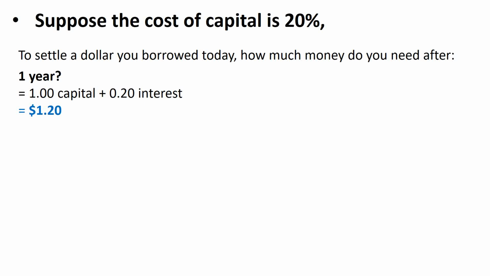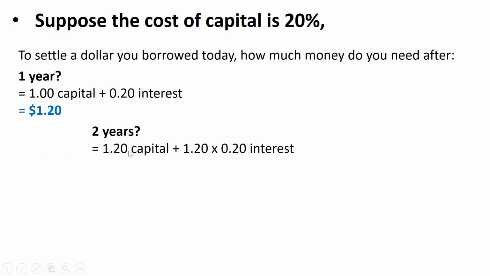But suppose this $1 that you borrowed today you want to pay back only after 2 years. Well, how much will you have to pay? Well, at the end of 1 year you're supposed to have paid $1.20. But if you are not paying that off, it's like you are borrowing $1.20 for that second year. So at the end of the second year you got to pay the $1.20 capital and the 20% interest on that $1.20.